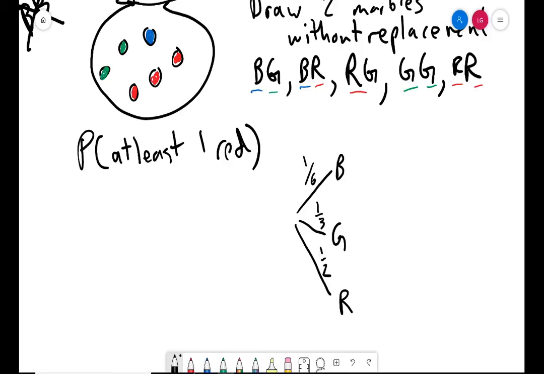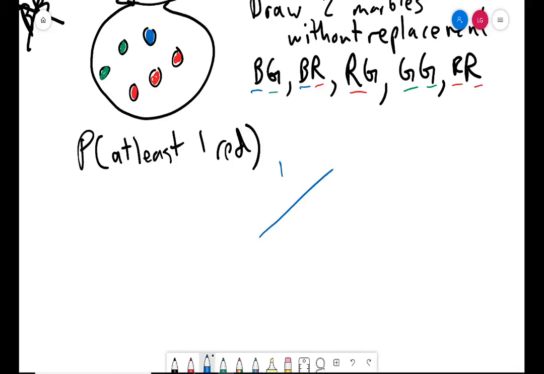We're going to draw, I kind of want to do it in color. I'm going to go back. So 1/6 chance of blue, 1/3 chance of green, so we've drawn one marble.